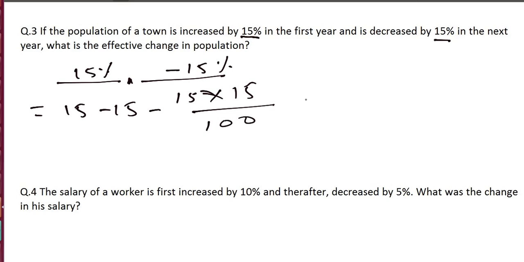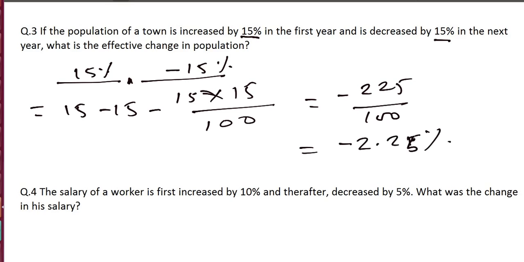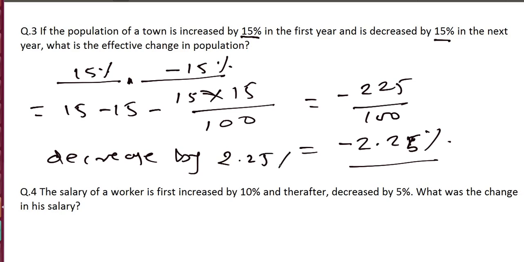So that is equal to minus 225 by 100, or minus 2.25%. So the overall change in population is minus 2.25%. That means the population overall is decreased by 2.25%.